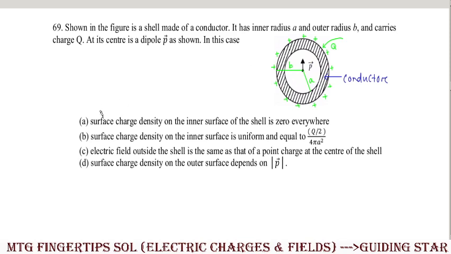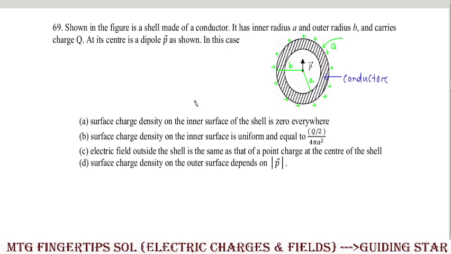Clear? So here in this particular case, surface charge density on the inner surface of the cell is 0 everywhere. Surface charge density यहाँ पे इस वाले particular case में inner surface में यहाँ पे क्या होगा, 0 होगा.